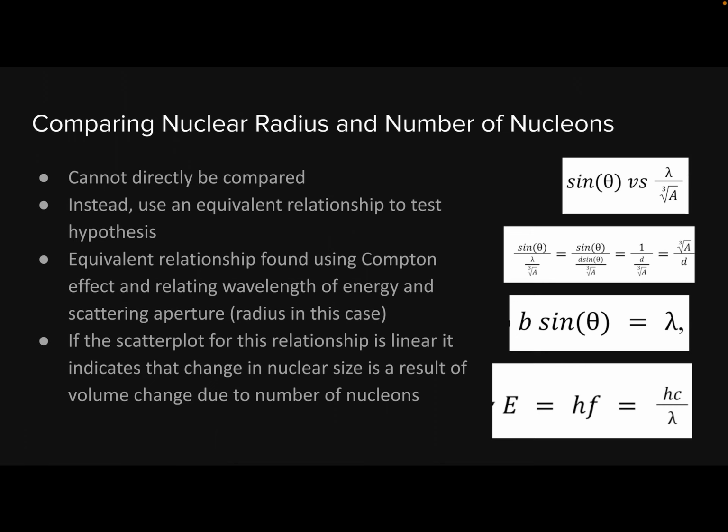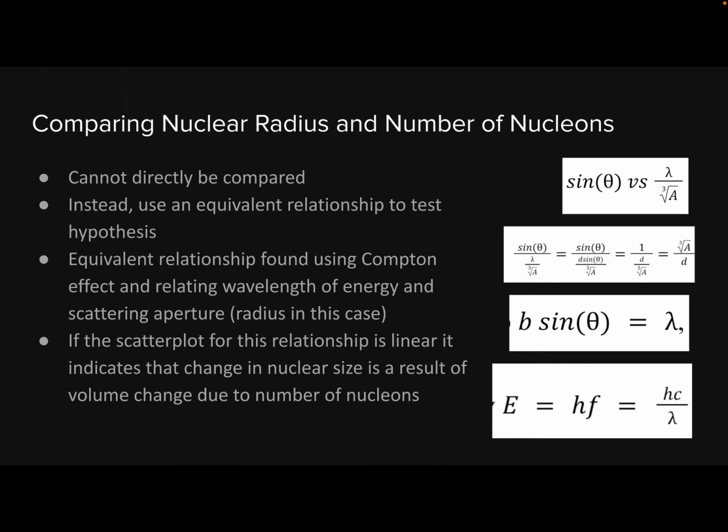This might sound really complicated, but essentially it boils down to two equations that are manipulated to form this. There's the Compton effect, which is when something of a certain energy, and therefore a certain wavelength, is scattered towards something, you can find the width of whatever aperture or nucleus, in this case the size, through the wavelength. And we can find wavelength using the relationship between energy in MeV and the wavelength associated with that.